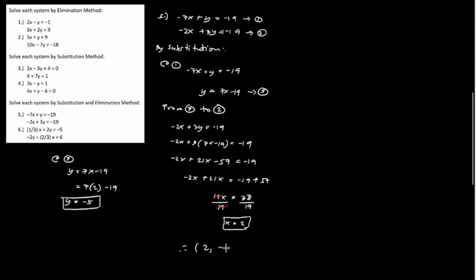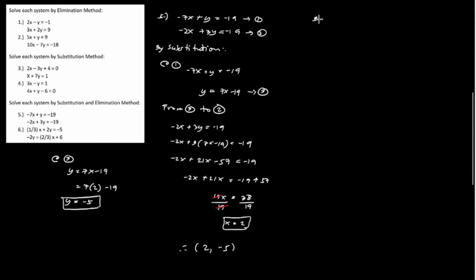So therefore y is equal to negative 5. This is 2, negative 5. And using the substitution method, let's check with the elimination method. It should be the value for x is 2 and the value for y is negative 5.